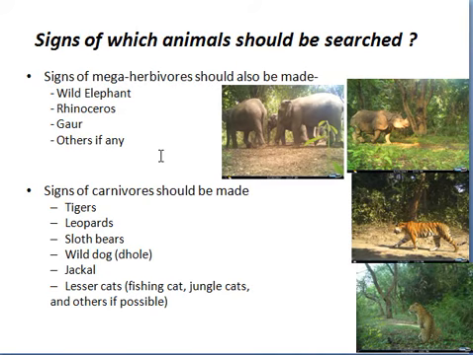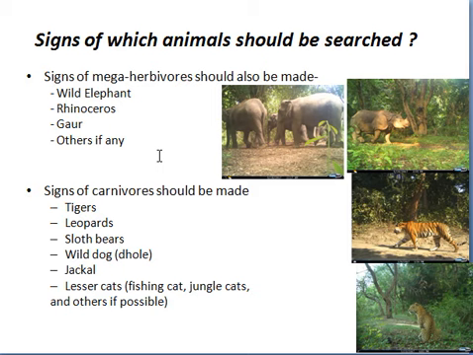Now, signs of which animals should be searched? We can also go for signs of other animals, including tigers, as we should also do some sign survey for the prey animals of that predatory species.